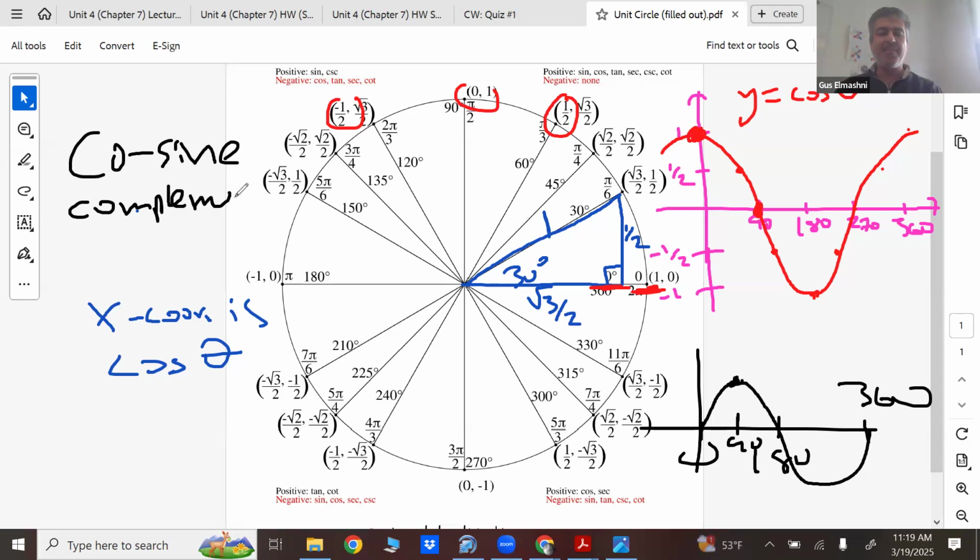So cosine is the complement of sine. They're always going to add to 90 degrees, so they have that kind of relationship, and you're going to see that 90-degree shift between them.